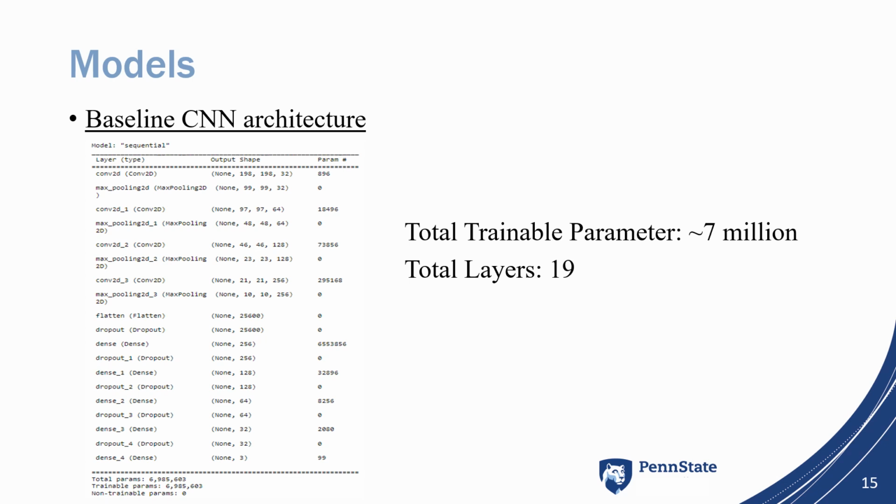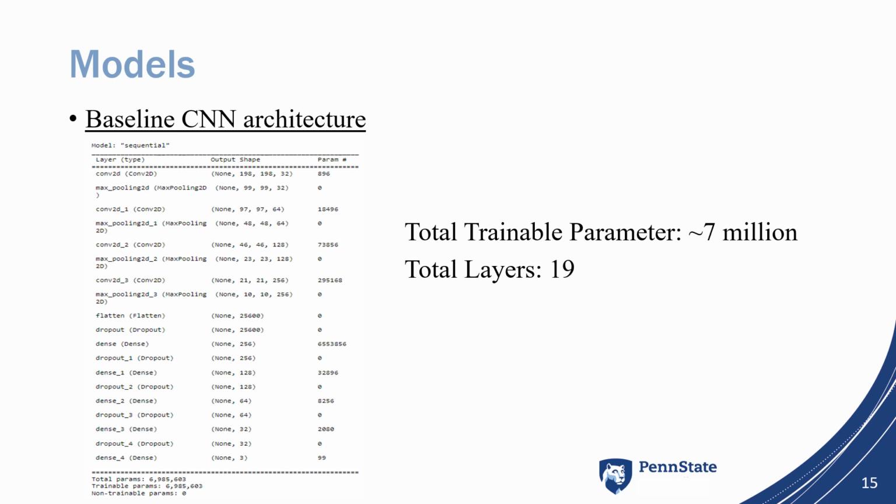There are a total of 19 layers for the baseline model, which includes the conv2d layer, which creates a convolution kernel that is convolved with the layer input to produce a tensor of outputs. And the next layer is max pooling 2D, which downsamples the input along its spatial dimensions by taking the maximum value over an input window for each channel of the input.